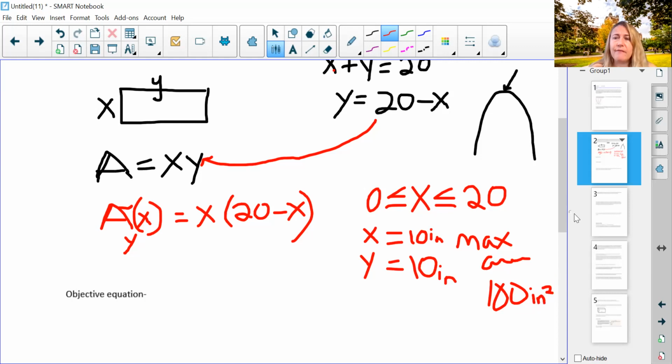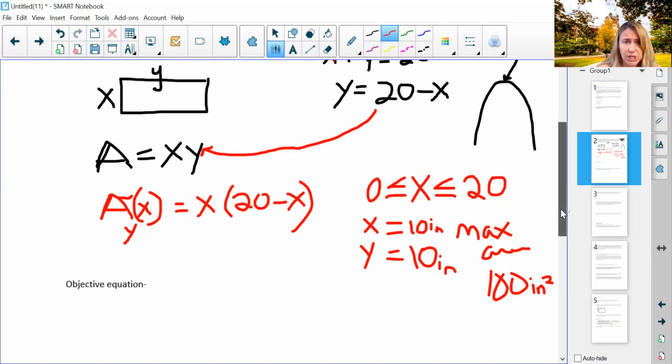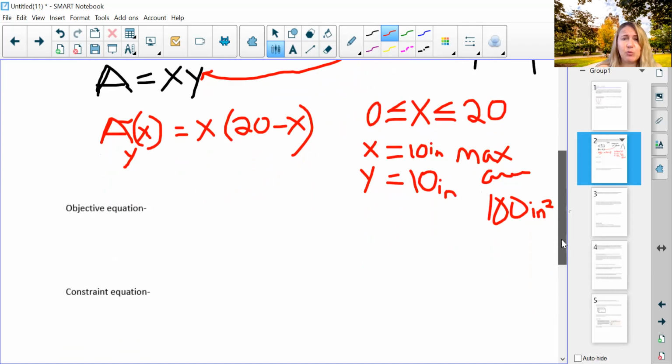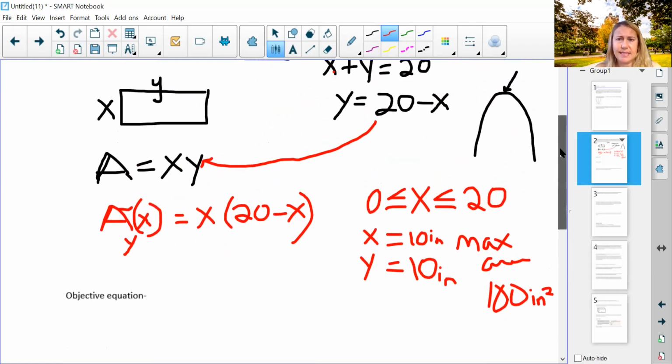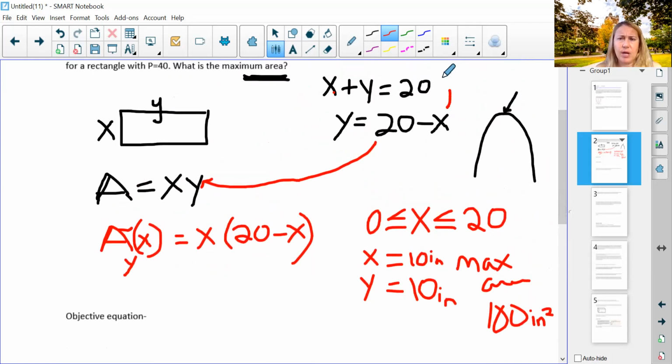Okay, so far I've only worked with one equation before I got to this example. So the previous examples, I had one equation. All right, many times I'm going to end up with two equations, and we have names for the different equations that we're going to get. One is called the objective equation, one is called the constraint equation. And I was using the words here with this equation where I was talking about how the 20 constrained me, right?